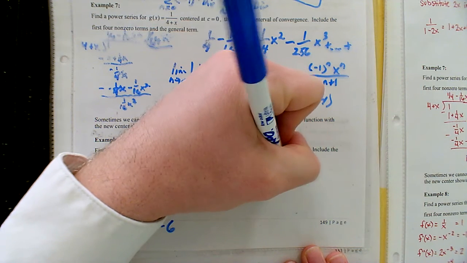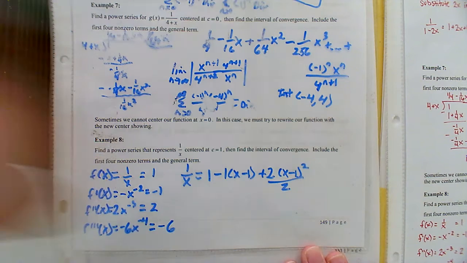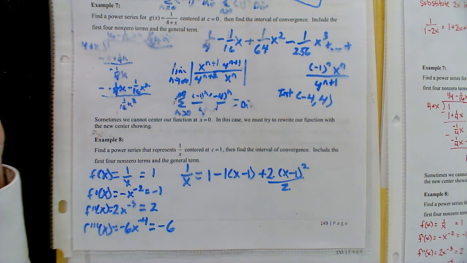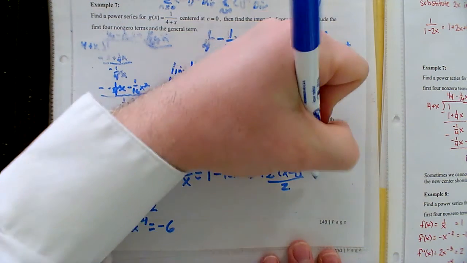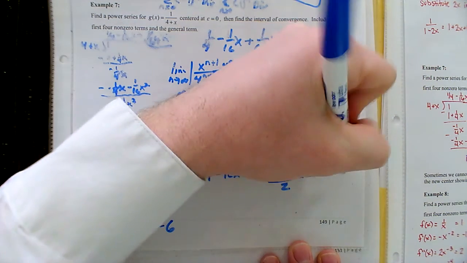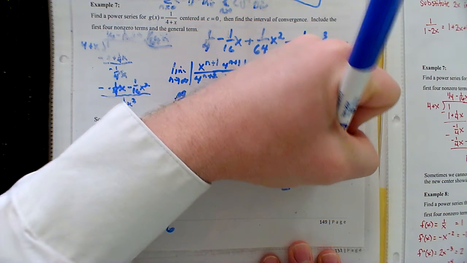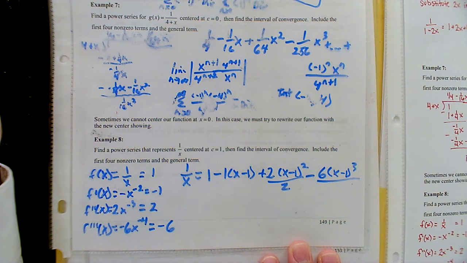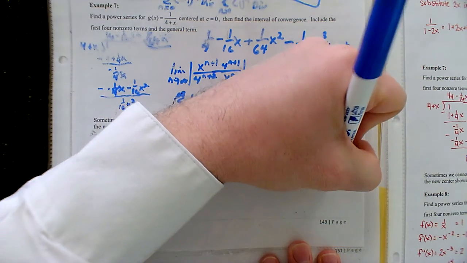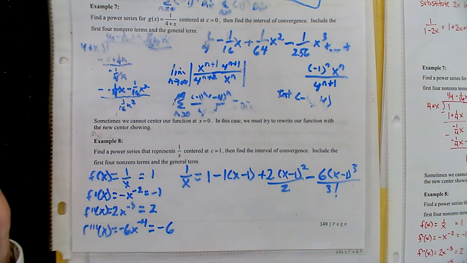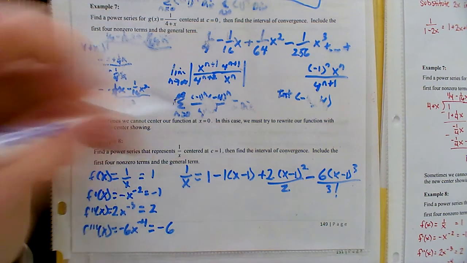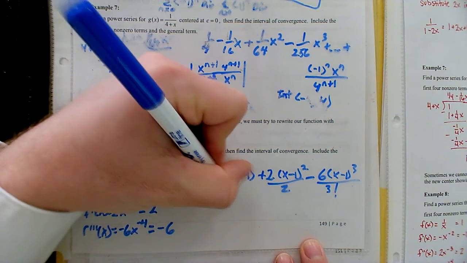Yeah, x minus 1 squared, don't forget, it's over 2. Which I know those cancel, but we're keeping the pattern right now. Then we would have minus 6 times x minus 1 cubed over what? 3 factorial, or 6, so they would cancel. Plus dot dot dot.